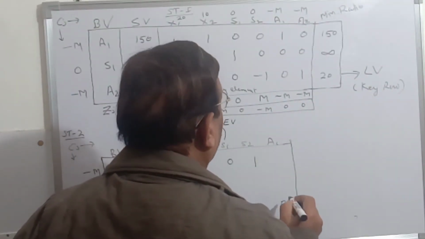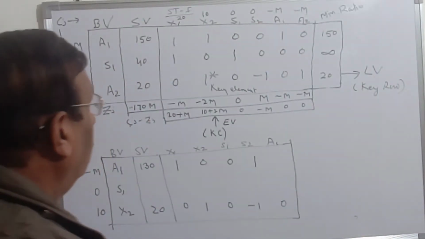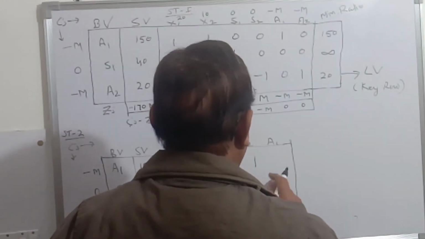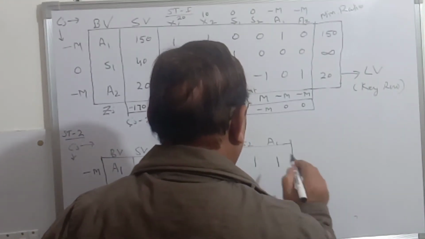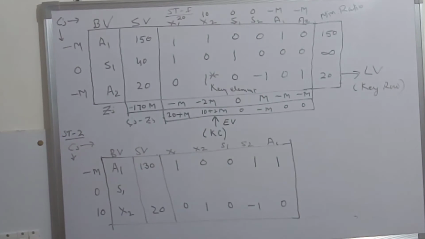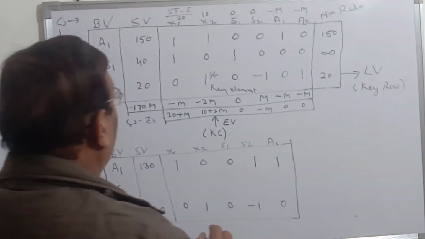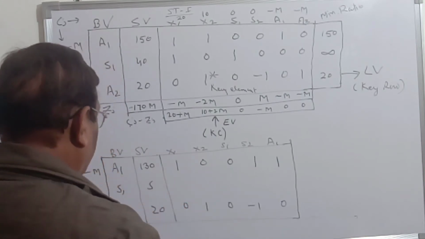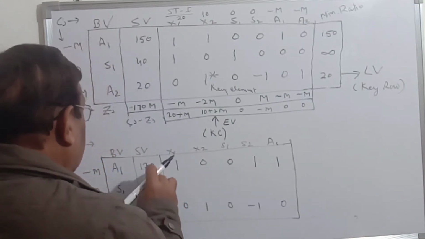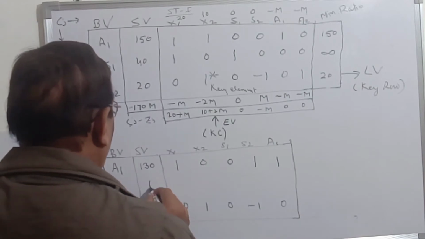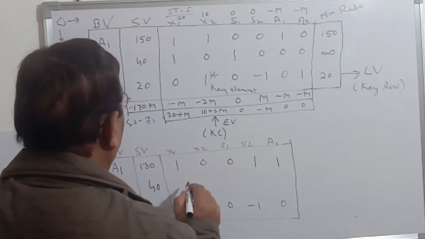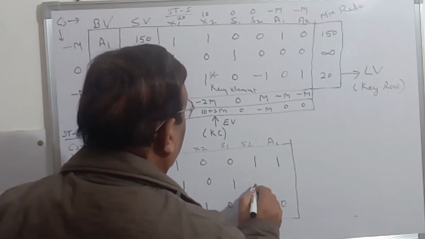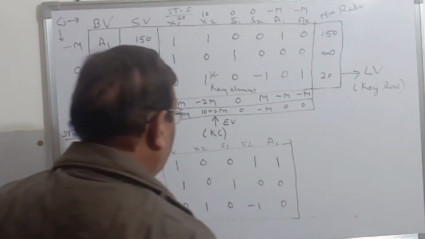A1, 1. Okay. This is as it is. This row: 40, 1, 0, 1, 0, 0.